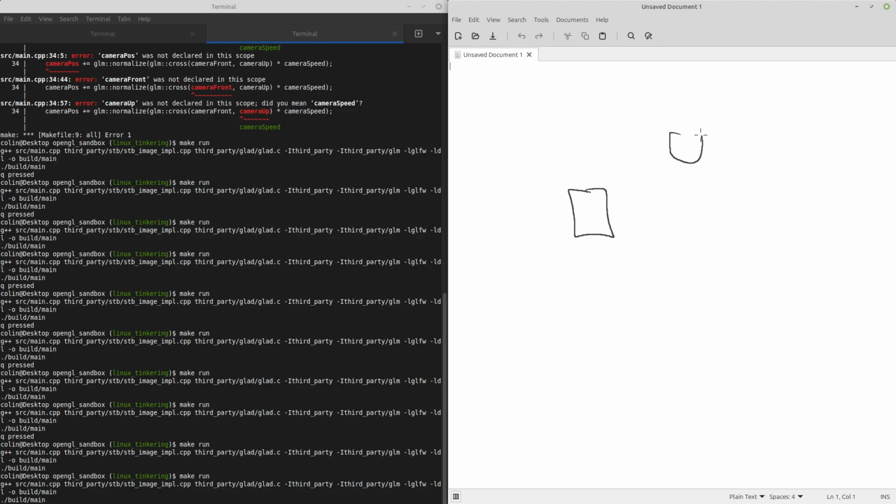So let's say your scene looks like this, something like that, right? Normally up is going this way, so your scene looks how you'd expect it. But if the up is now in the X direction this way, then your scene would be rotated, so I suppose it would look more like this, right?